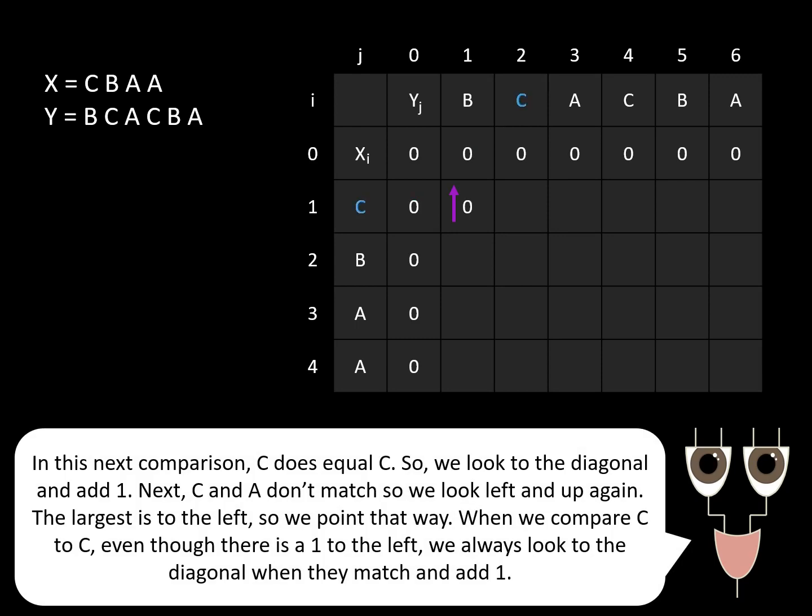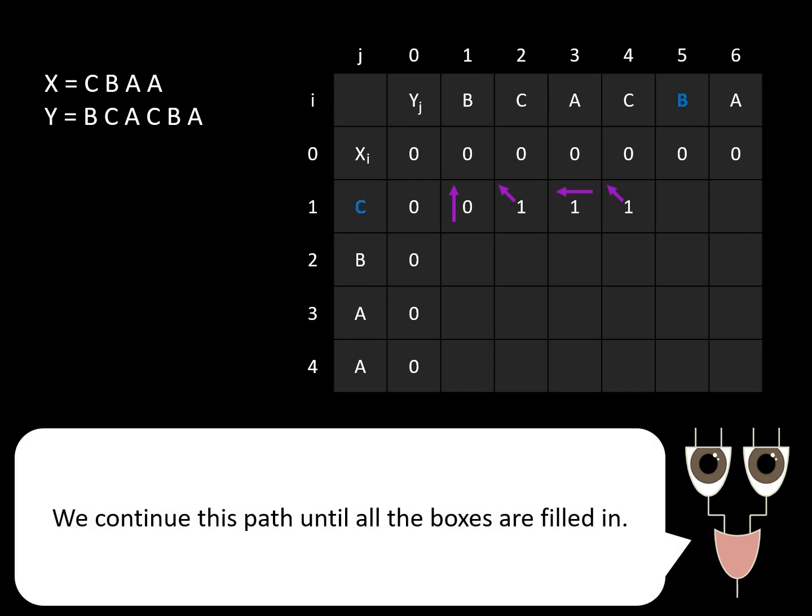In this next comparison, C does equal C, so we look to the diagonal and add 1. Next, C and A don't match, so we look left and up again. The largest is to the left, so we point that way. When we compare C to C, even though there is a 1 to the left, we always look to the diagonal when they match and add 1. We continue this path until all the boxes are filled in.